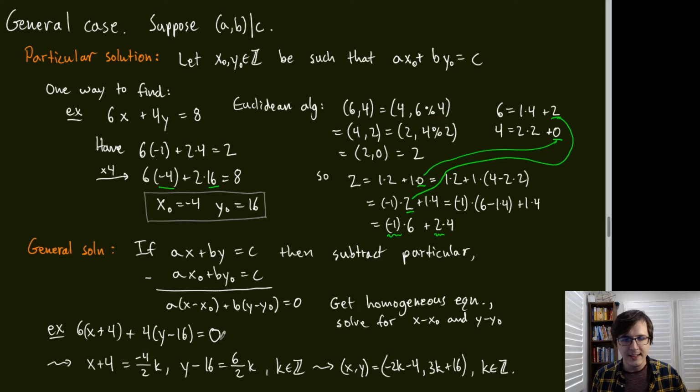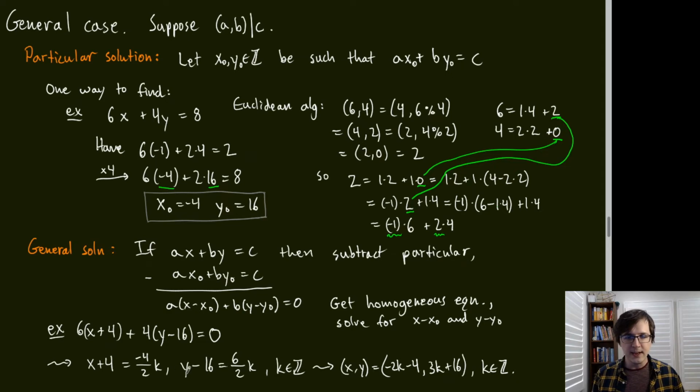So using the formula from the previous slide, so that we're in the case of 6 and 4 being non-zero, the first variable, x plus 4, is the negative second coefficient divided by the GCD, so minus 4 over 2 times k. And then the second variable, which is y minus 16, is the first coefficient over the GCD times k, so 6 over 2 times k, where k is just some arbitrary integer.